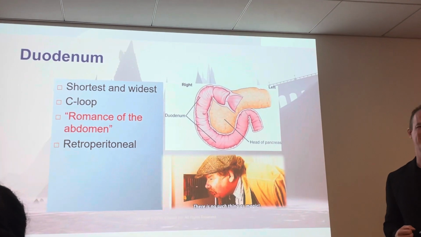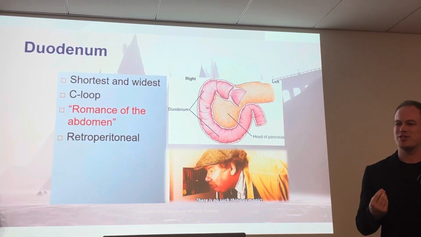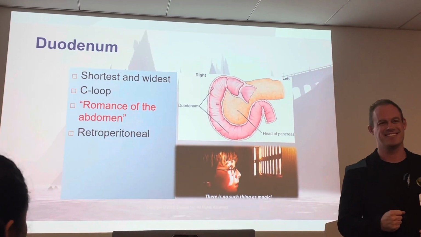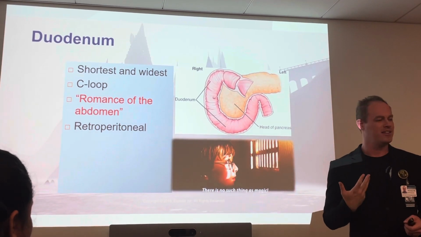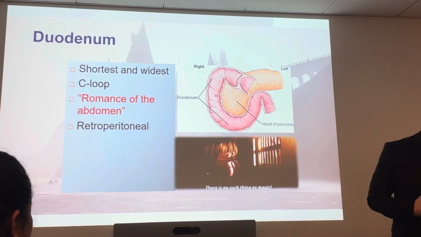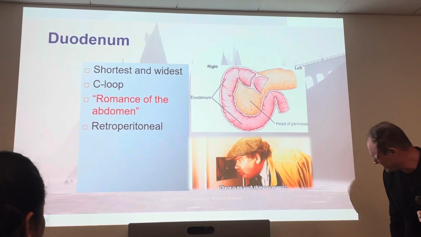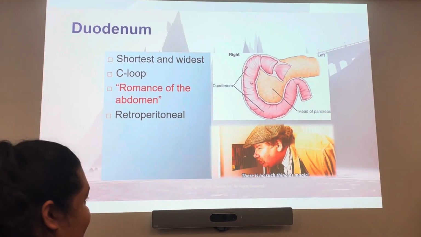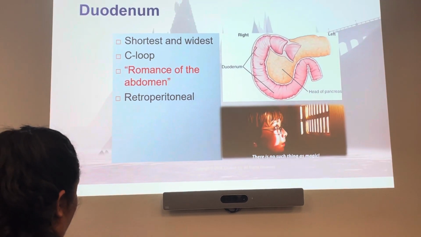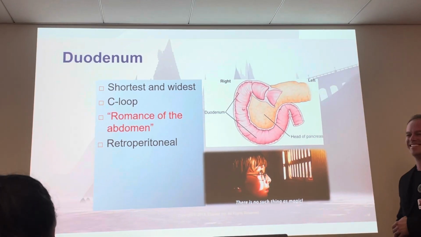Is that the most romantic line you ever heard? Like, honey, you remind me of the head. You're as beautiful as the head of the pancreas nestled in between that duodenal C-loop. No. I would punch him. Use that on your spouse or your significant other. I'm telling you, that pickup line works like a charm. That's how I met my wife, you know. When I proposed, I said, you remind me of my pancreas nestled in my C-loop. That sounds like, well, what's that? Where is that at? Oh my goodness.